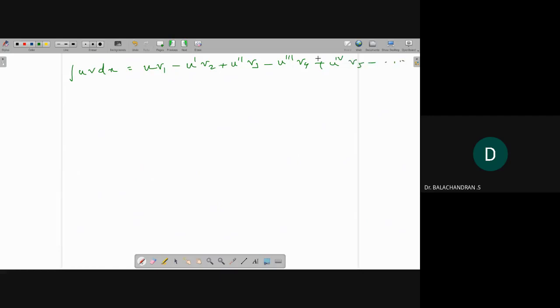Here u' means the derivative of u, u'' means the derivative of u', and so on. Here v1 is what you get if you integrate v, and if you integrate v1 you get v2. Similarly, for choosing u and v, you know the procedure, you can use ILATE.